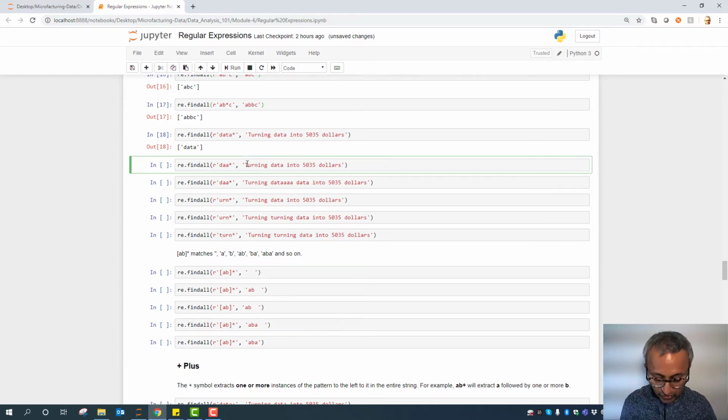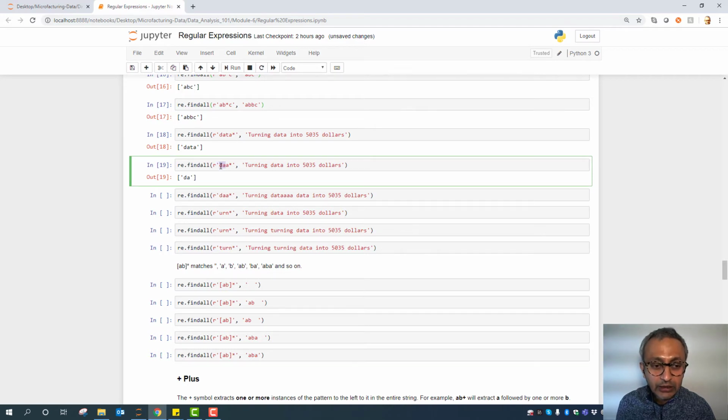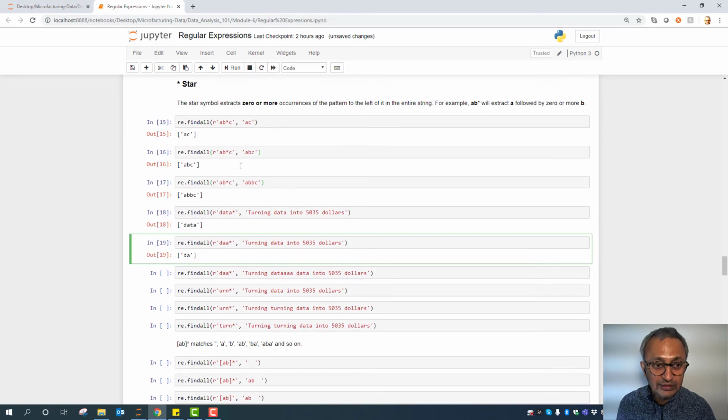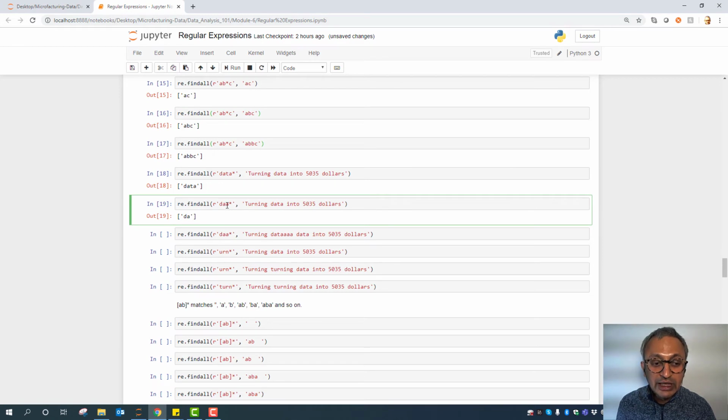So it's only going to extract DA, because it's looking for another A. It is able to find DA, but then it's not able to find any other A after DA because T took that position. So 0 A. It says 0 or more, right? So it's able to extract DA only.